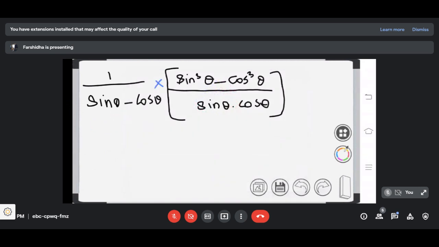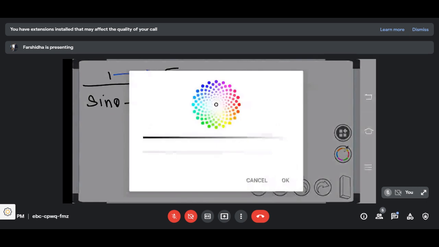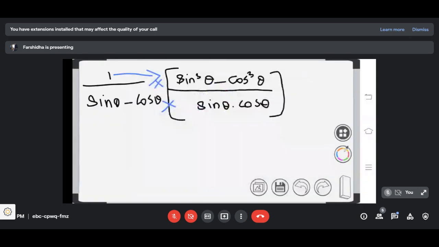Since these two are multiplication, I can write it together. See, 1 into sine cube theta minus cos cube theta divided by this into this multiplication. So I'm writing it together. Numerator side is 1 into sine cube theta minus cos cube theta.